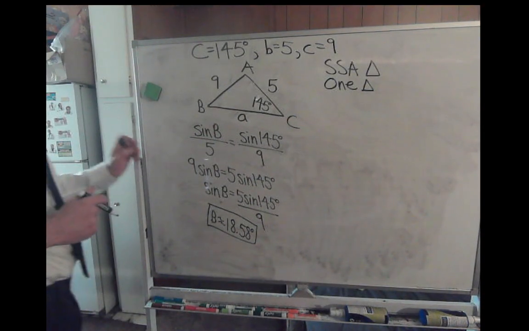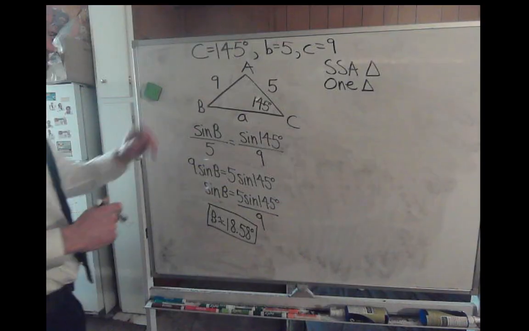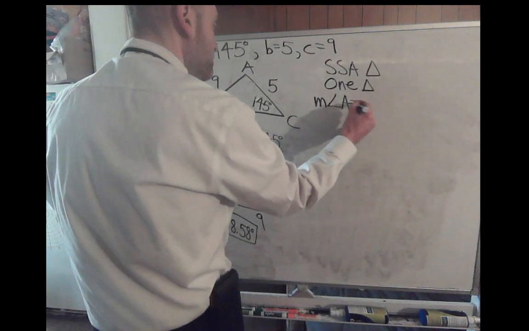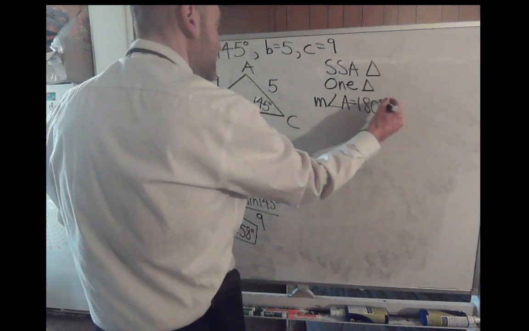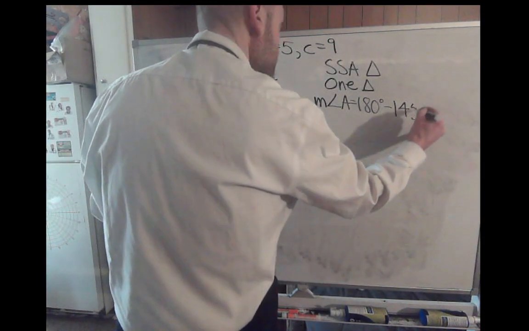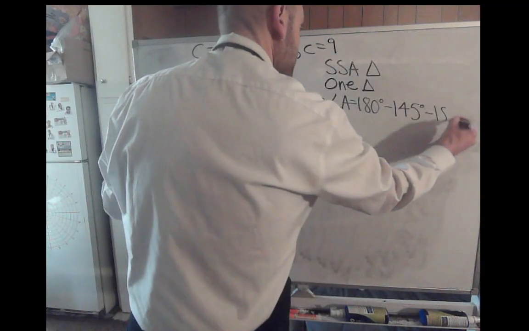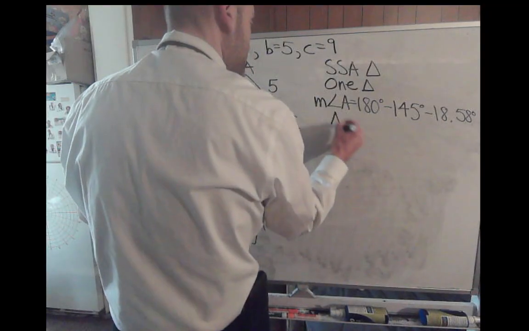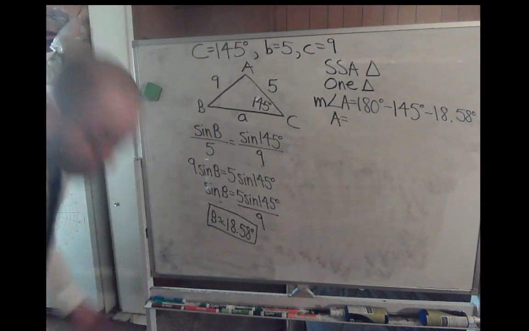Alright, so we know angles C and B both. We can relatively quickly find angle A. So angle A would be equal to 180 degrees minus that 145 degrees minus that 18.58 degrees. So that means angle A will equal the result of that.